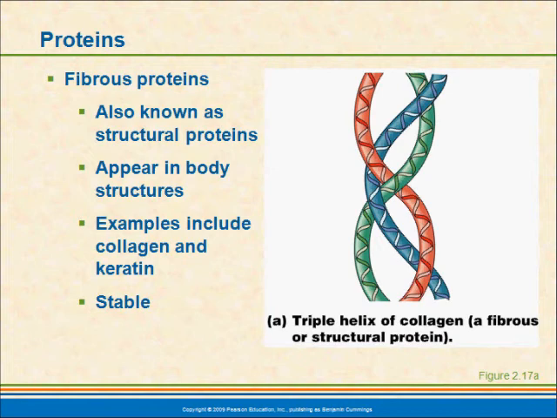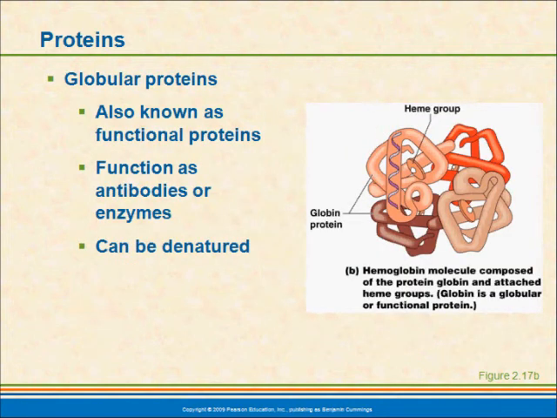Examples for us would include collagen and keratin. These proteins are pretty stable. And then there are globular proteins, which are functional in nature. These function, again, in bodies as antibodies, but on a cellular level, they can function as enzymes, they can function as cellular pumps, they can function as part of any of those organelles that we mentioned.